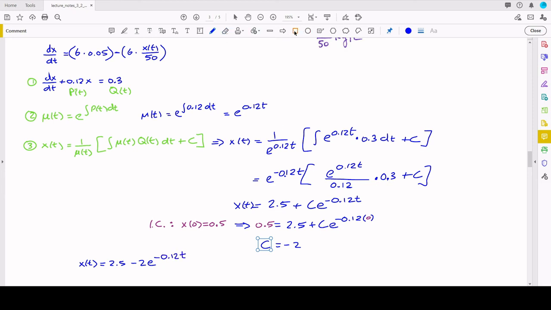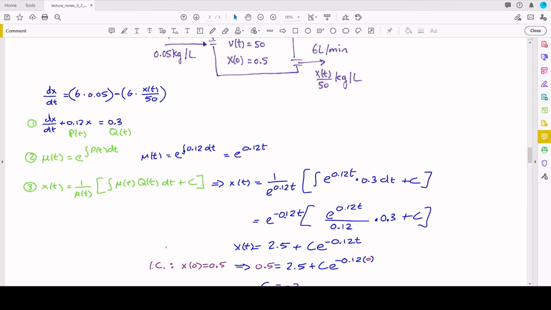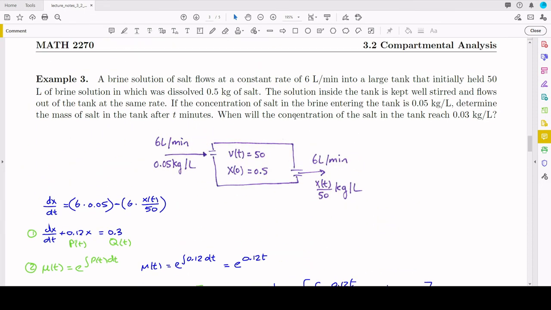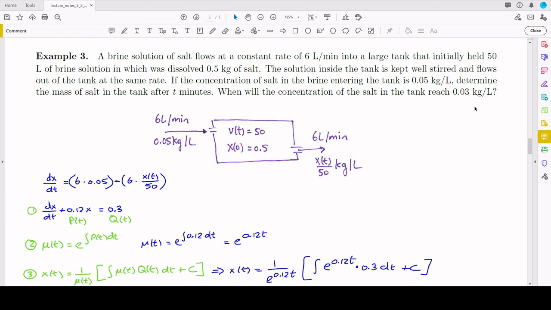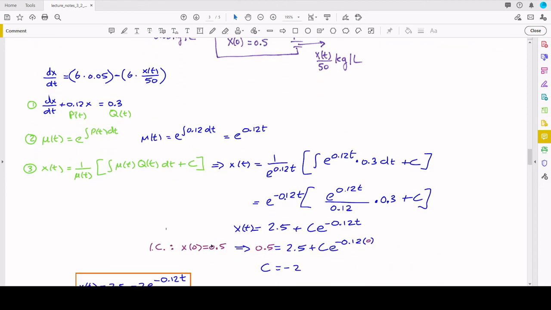So that's an important result. That's answering one of the questions: determine the mass of salt in the tank after t minutes. And then, when will the concentration of the salt in the tank reach 0.03 kilograms per liter?